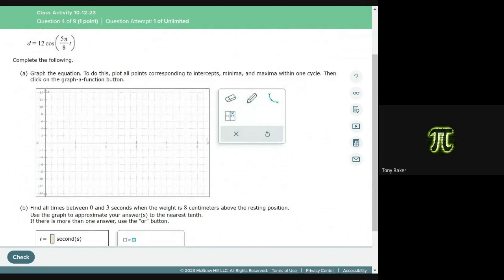All right, so this question, they want you to graph it. So we're going to share this one. So they want you to graph this equation. So for cosine, your first point is going to be where?